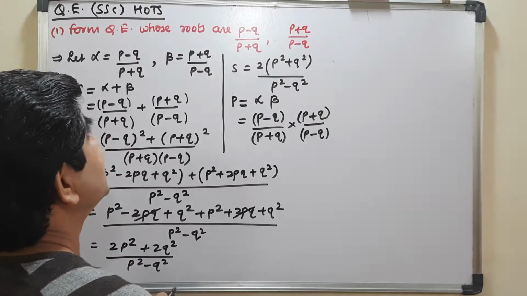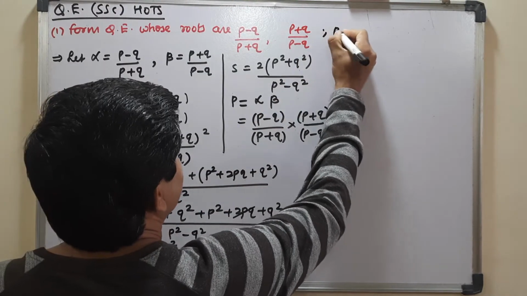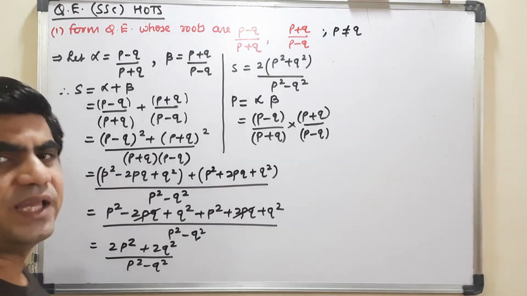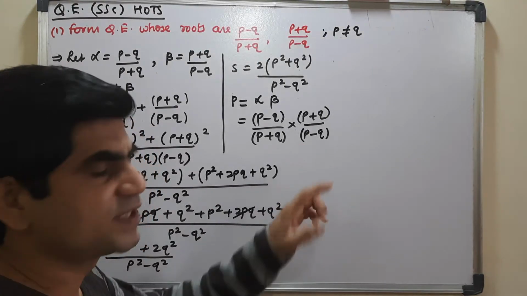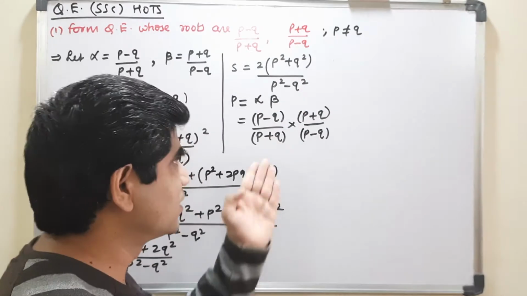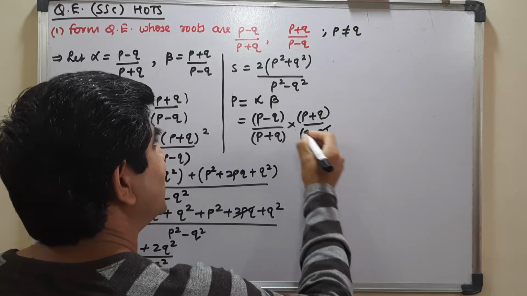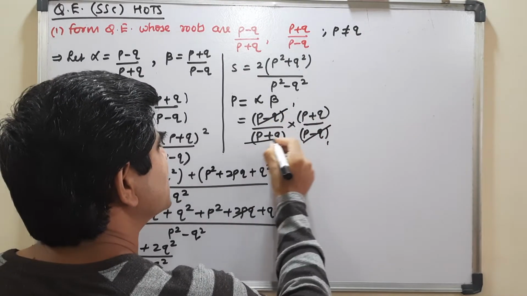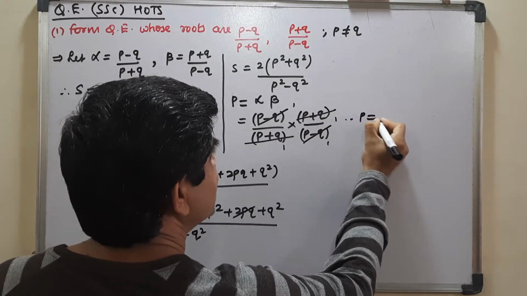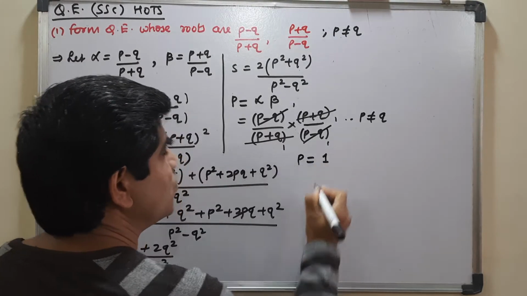The most important thing which is not mentioned over here is that it should have been mentioned that p is not equal to q. So if p is not equal to q, then p minus q will not be equal to 0. So I have mentioned that condition myself over here, that is p is not equal to q. So obviously these cancel, this divides by this and this divides by this because p is not equal to q, which means I get the product to be 1.